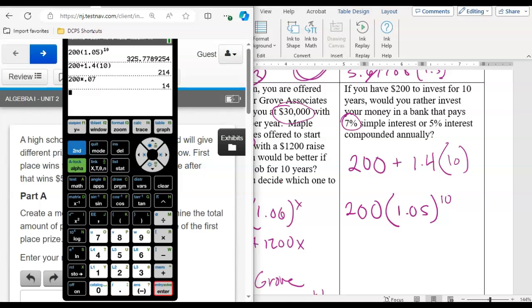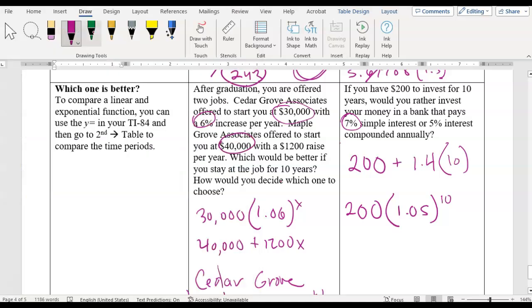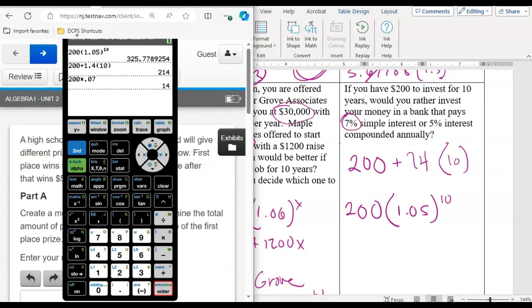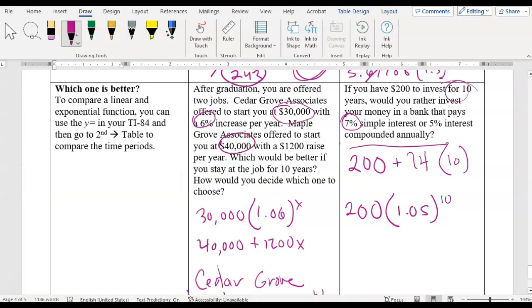Oh, I think that this was calculated incorrectly. I think I put too many zeros somewhere in there. That doesn't look right. That's small. This would actually be 14, which makes it a little bit better there. All right, so 200 plus 140 is 340.